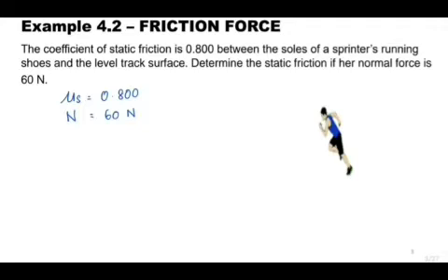To determine the static friction, we are using static frictional force equation Fs equal to coefficient of static friction times normal force. We substitute the information and the answer is 48 Newton.